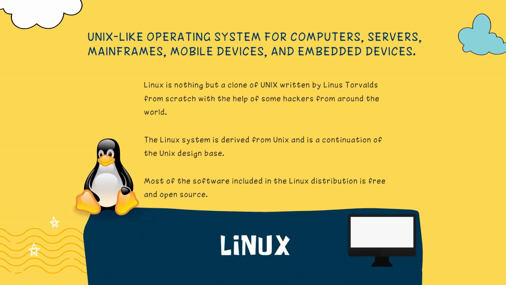Linux is a clone of Unix written by Linus Torvalds from scratch with the help of hackers from around the world. Linux is derived from Unix and is a continuation of the Unix design base. Most of the software included in a Linux distribution is free and open source.